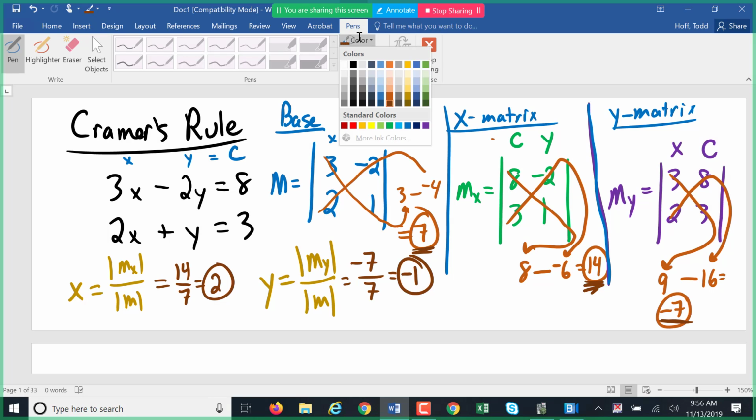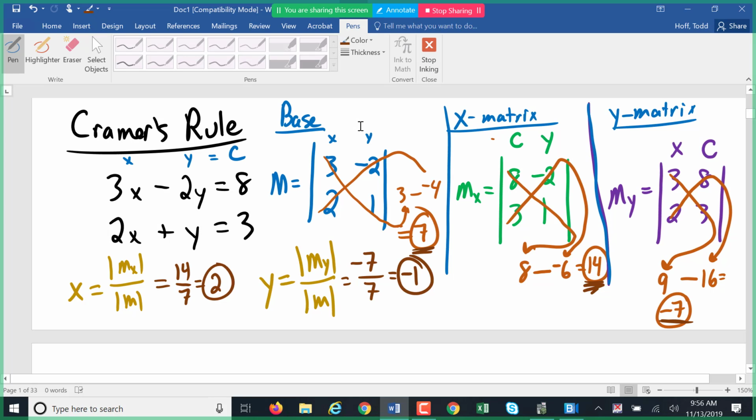So Y has a value of -1. The solution for this system of equations is 2, -1. It's really a slick little tool. And you can see for a 2x2, a 2-variable system with 2 equations, it's really quick to whip out those determinants.